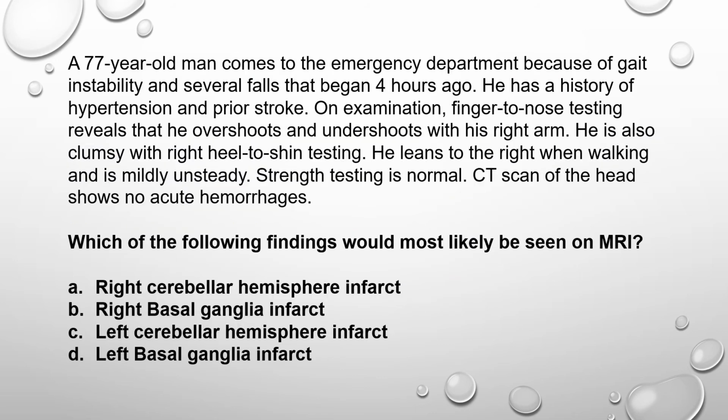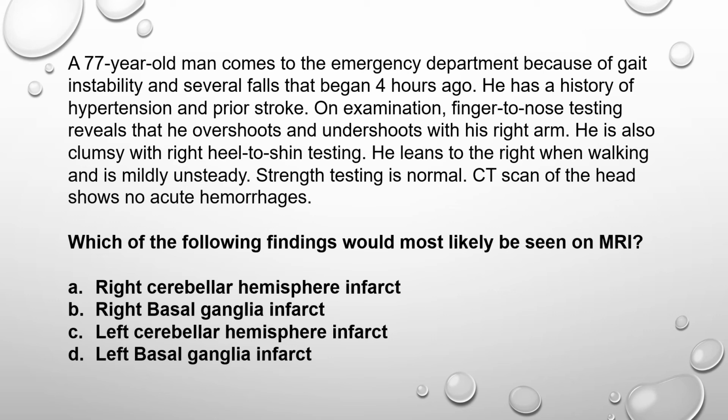Now here is a case scenario in which a 77-year-old man comes to the emergency department because of gait instability and several falls that began 4 hours ago. He has a history of hypertension and prior stroke. On examination, finger to nose testing reveals that he overshoots and undershoots with his right arm.